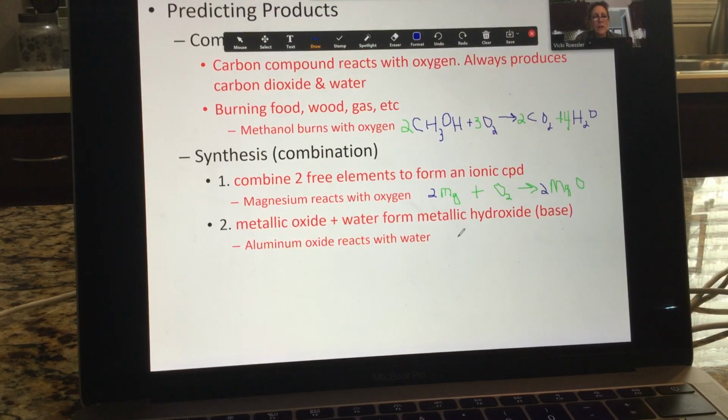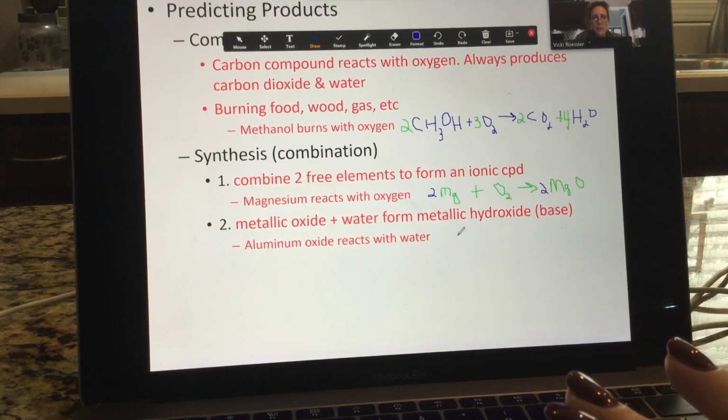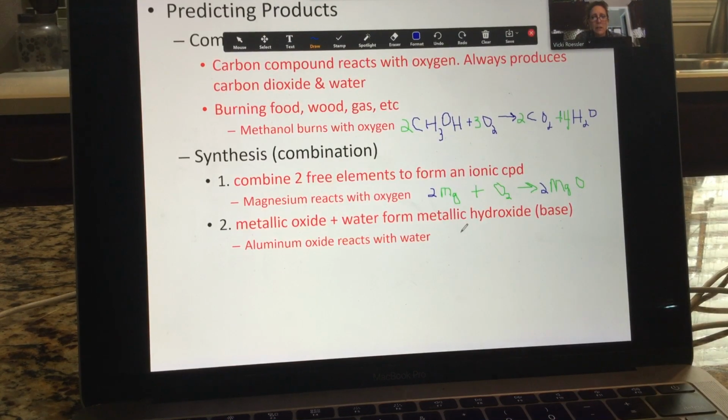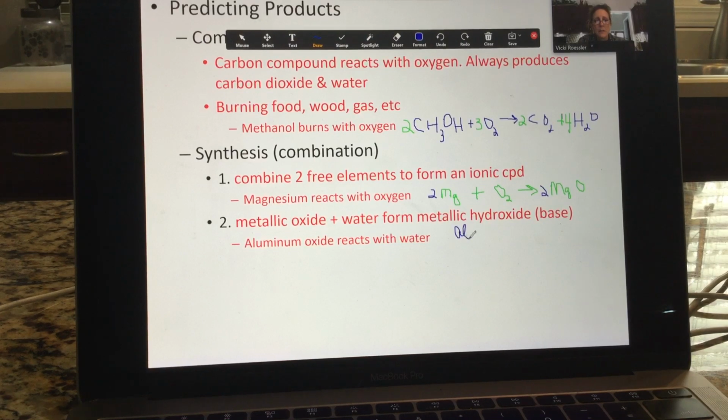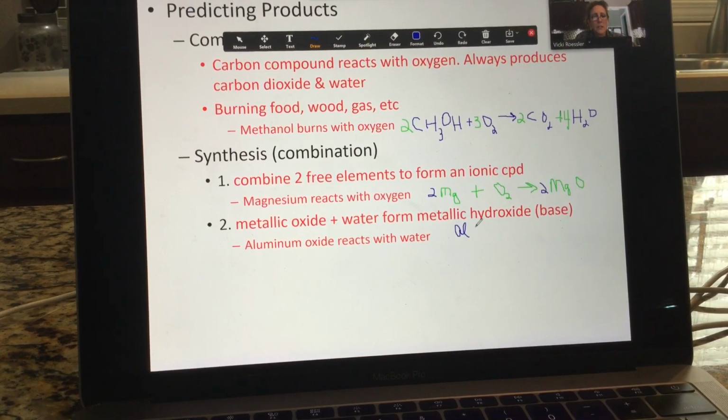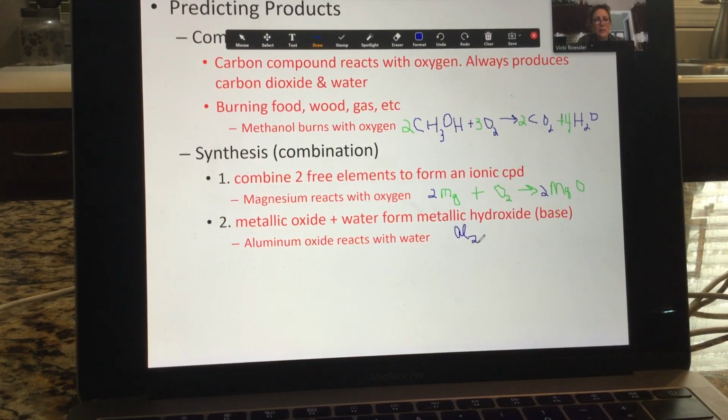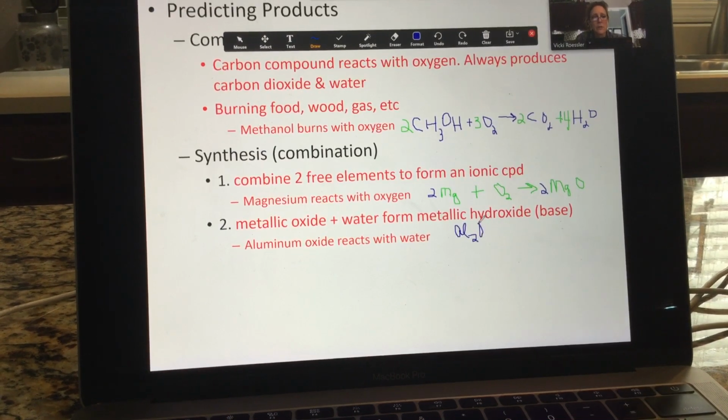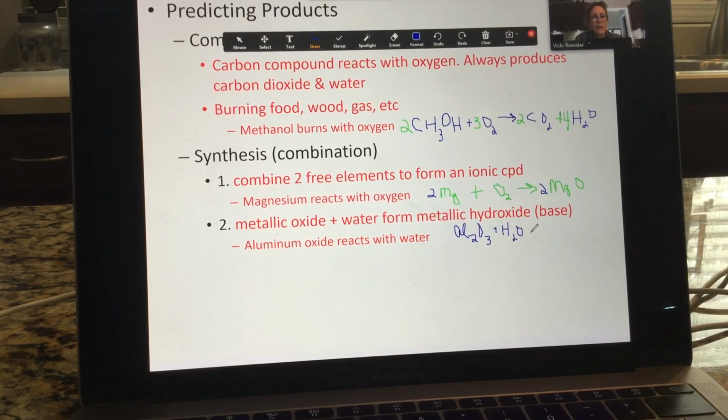Okay, now anytime we have a metal, we've got to crisscross charges. We have an ionic compound. So aluminum is +3, oxygen is -2, so that will give us the compound Al2O3. So that's our metallic oxide, and then water. And those two compounds are going to combine together to make our metallic hydroxide.